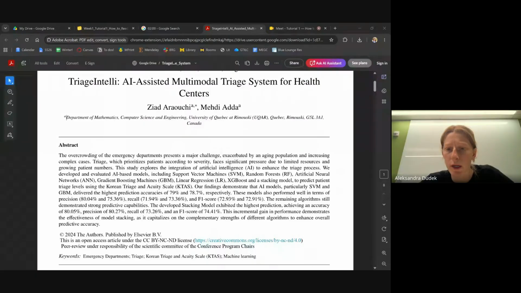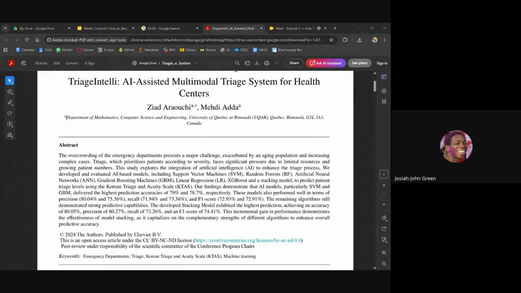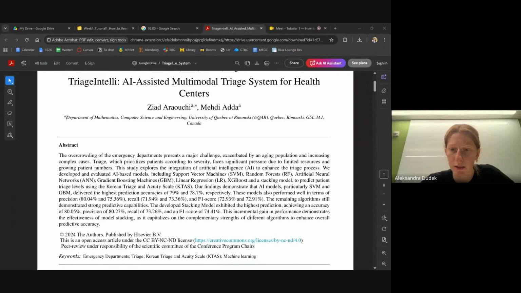Okay, does anyone else want to add to that or rephrase it in a different way? Is overcrowding the only thing that they care about? Yeah, go ahead, Imani.